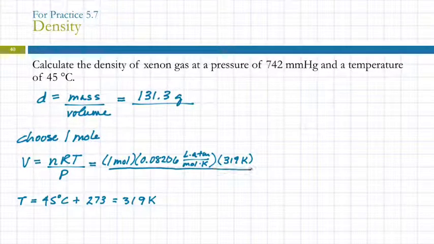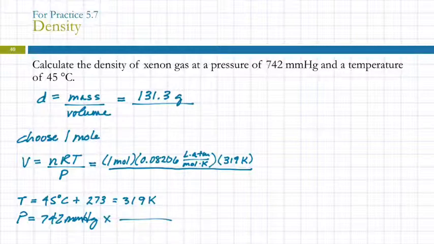And then I'm going to divide by the pressure. They gave me millimeters of mercury. Pressure: 742 millimeters of mercury. So I convert that. 1 atmosphere is 760 millimeters of mercury. Sometimes when students do this calculation, they get 1 millimeter of mercury is equal to 760 atmospheres.